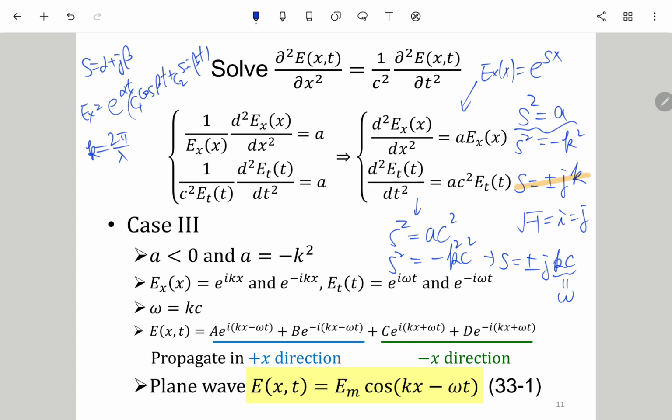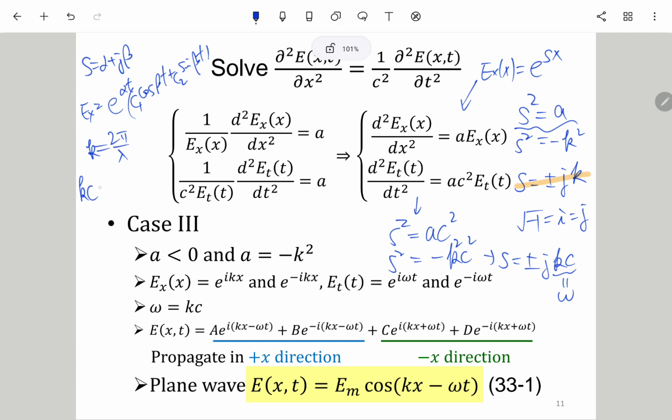And then k times c is 2 pi c over lambda, and c over lambda is f. So this is 2 pi f, which is omega. So kc is actually omega. So we will get exponential to i omega t or exponential to negative i omega t as the solution of Et of t.